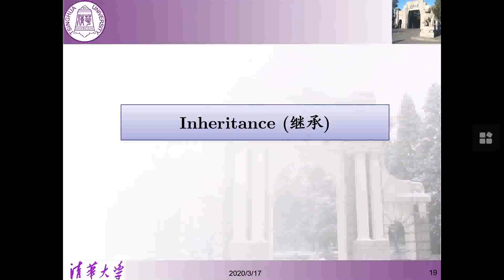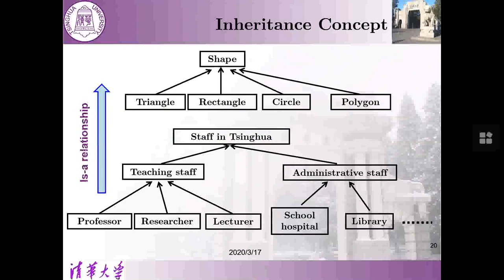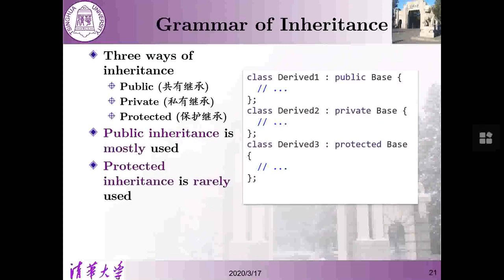Now we have inheritance. We all inherit something from our parents, our behavior, our appearance, even some treasure, some money, and maybe in the future we will inherit something, properties. It's very similar to class inheritance, actually.